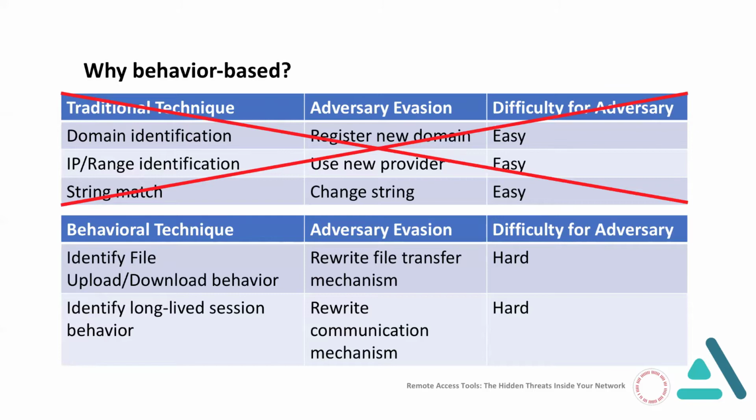And of course, long-lived session behavior, again, the way they would avoid that is to rewrite the communication mechanism, which again isn't something that's easy to do. So it affords you a lot better coverage in terms of the number of remote access tools that you can look at the same time. And it also provides you with a harder thing for an adversary to change.